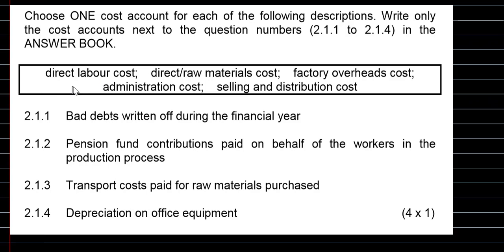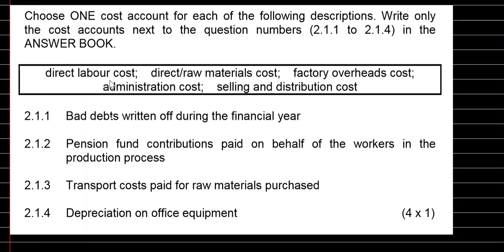Now here we are given the descriptions. The first one, it's a direct labor cost. We know that when you speak about a direct labor cost, it's when the organization pays the laborers that are directly involved in the production of the organization.